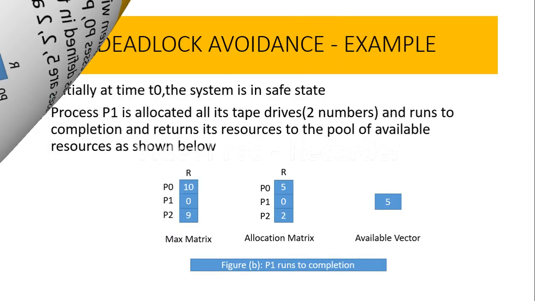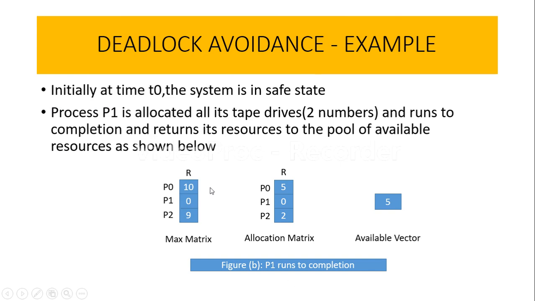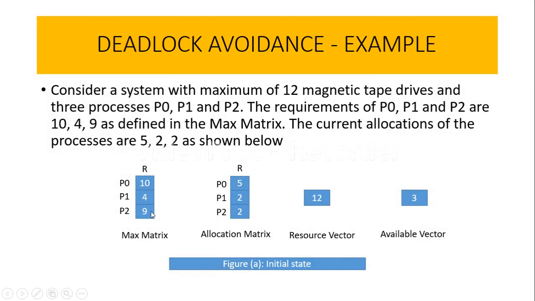So this is the maximum requirement and this is the allocation. Now the only availability is 3. As you can see, process P1's total requirement is 4 and it already has 2.